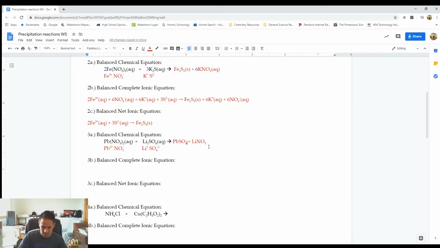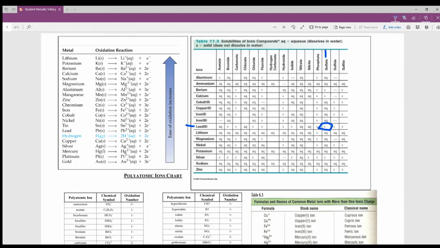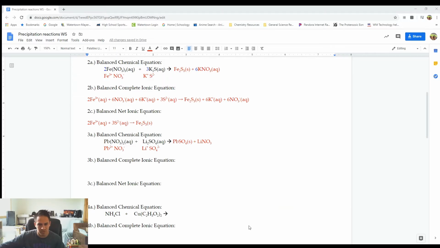So this one is a solid. As for the lithium nitrate, we pretty much can already figure out that it's probably going to be aqueous, but we'll check it anyway. So we have lithium here, nitrate here, and this is aqueous. All right, so that one is aqueous. So let's go mark that one as aqueous.